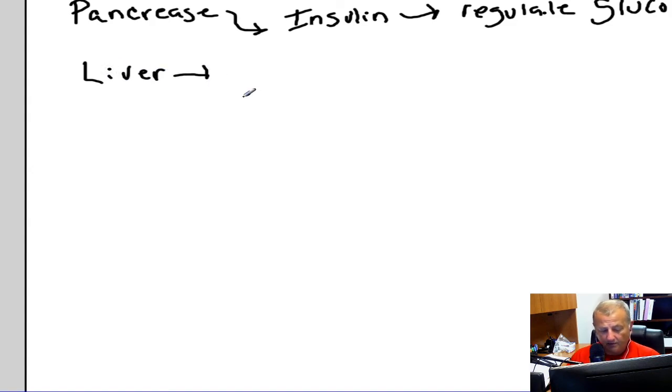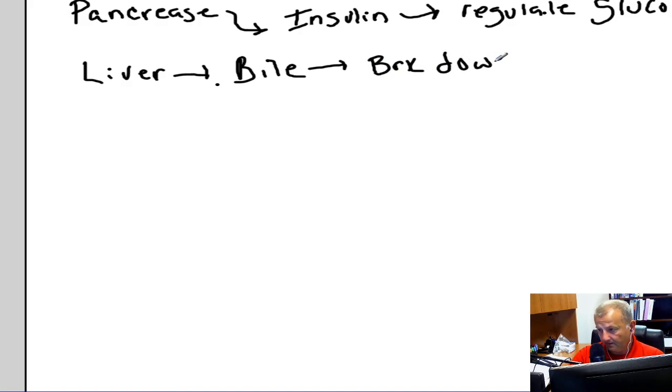All right, so let's talk about the functions of the liver. So it secretes bile. And what does bile do? It breaks down fats. When you go get your quarter pounder, that's what it does. Okay, it breaks down fats. All right. So what else does the liver do?